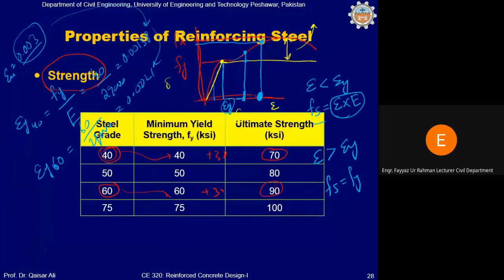So in the first portion it was okay. We calculated the stresses from Hooke's law, that is strain multiplied by elastic modulus. But now we are in this region. We have crossed the elastic limit. There is a strain which is greater than the EY. And corresponding to this strain, how to calculate this stress?